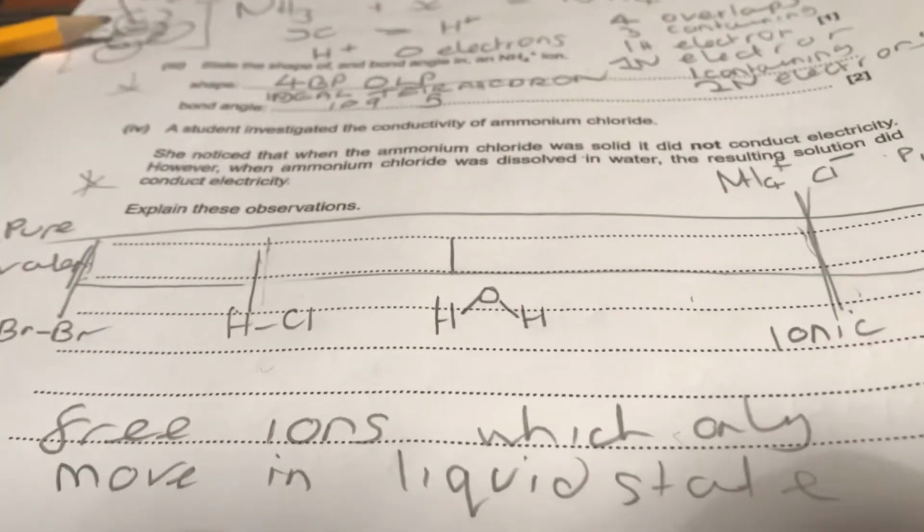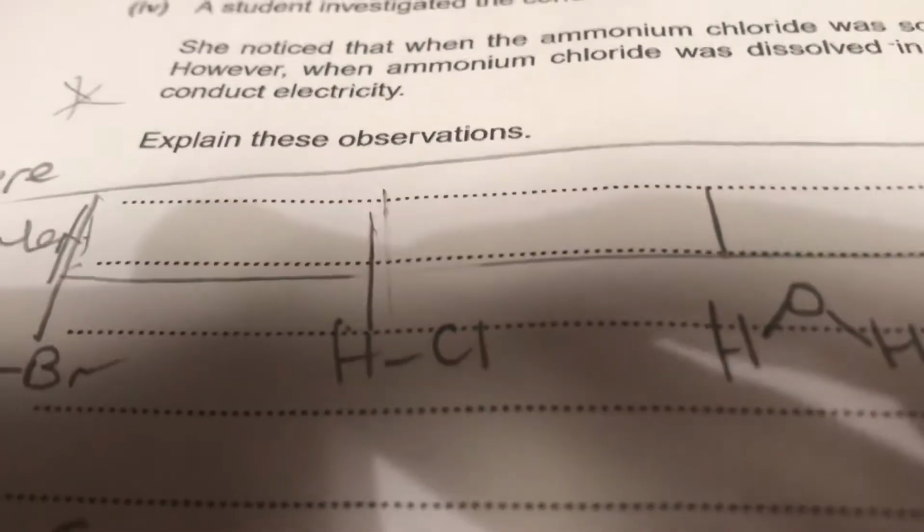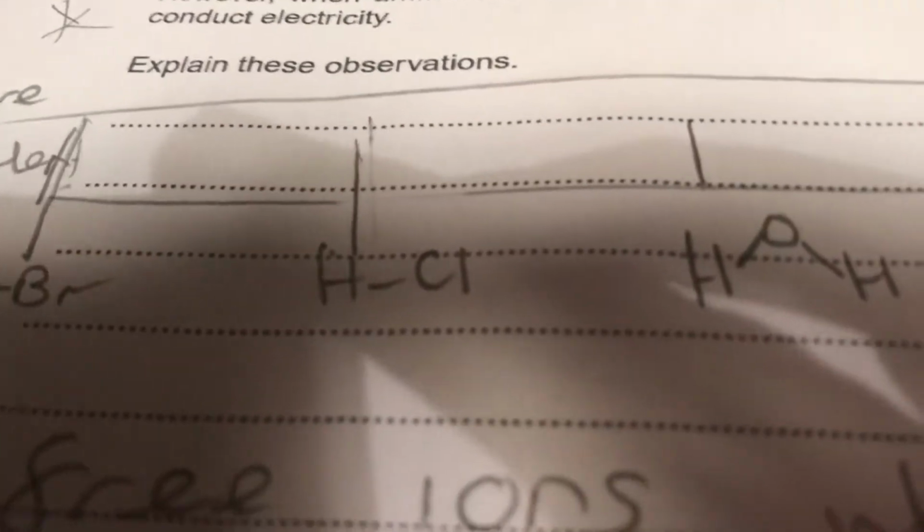So in our bonding, we've got a spectrum. We can have something that's pure covalent, so bromine, because there's no difference in electronegativity. Covalent, but polar covalent, because there is a difference in electronegativity.